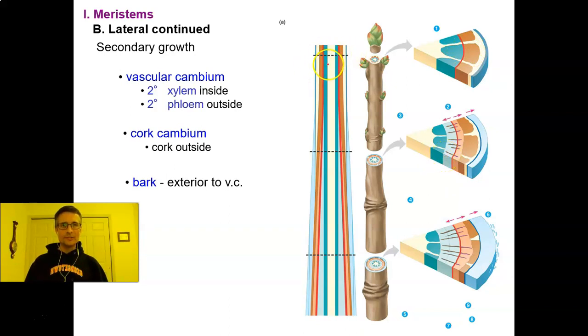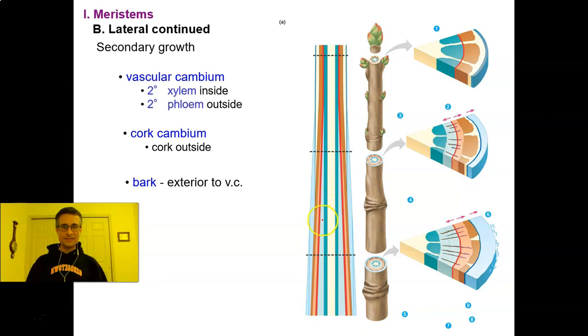So in year 1, in this particular cross-section, here we have our layers: primary xylem, vascular cambium, primary phloem. Time passes, and notice that our vascular cambium is going to be pushed out, and it's going to start to produce secondary xylem to the inside, and secondary phloem to the outside. So we see this accumulation of our first two secondary layers of xylem and phloem.